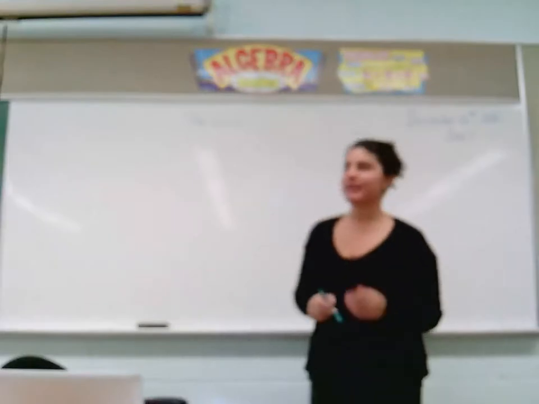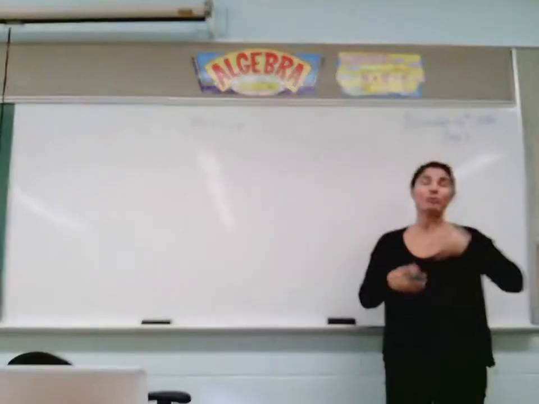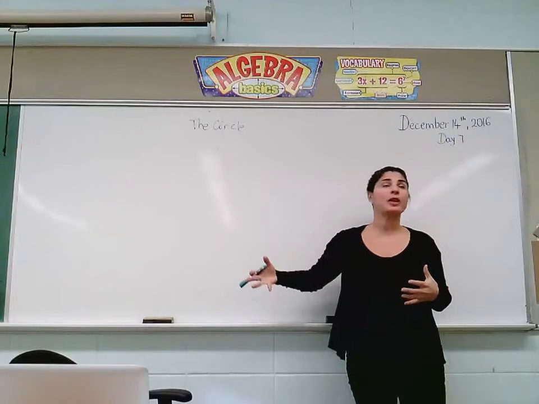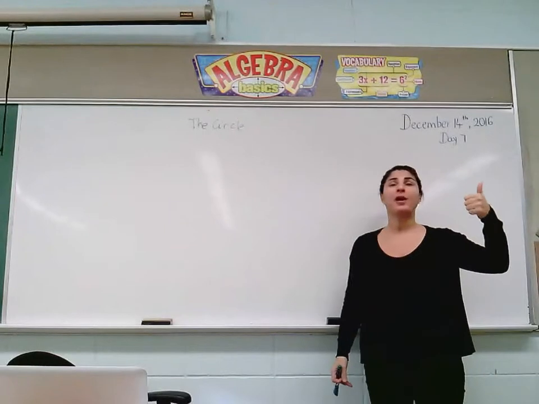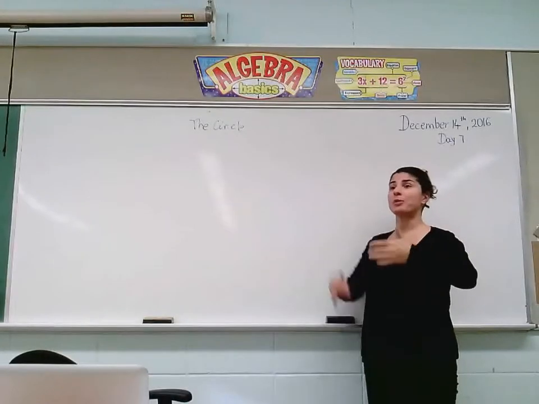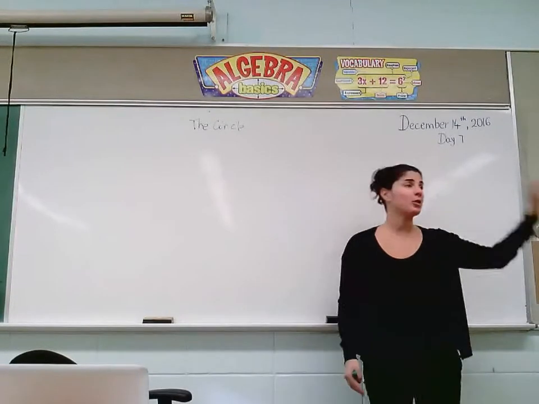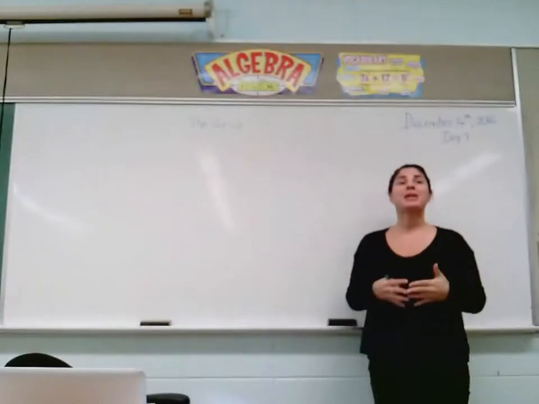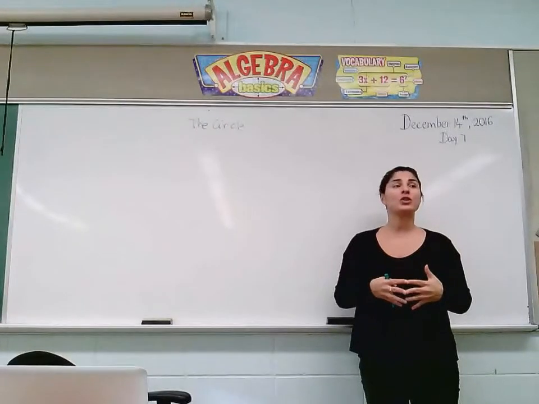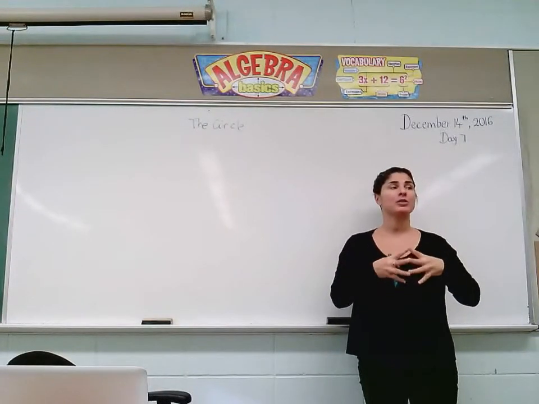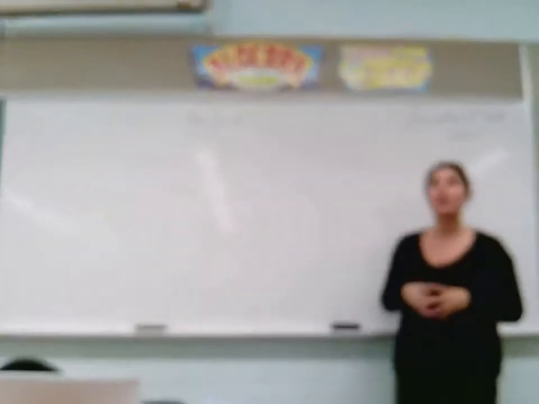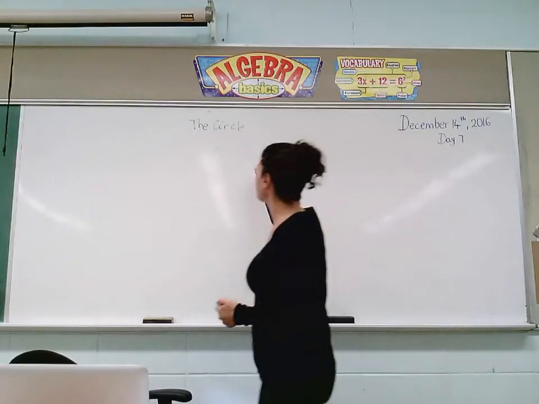So the next lesson is just like a continuation. First we did finding the radius, finding the diameter, the relationship between the diameter and the radius. But now I'm going to ask you how to find the circumference. Does anybody know what the circumference is?